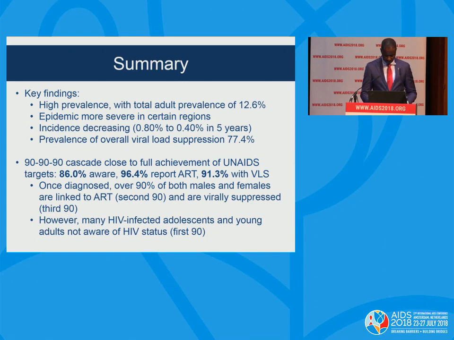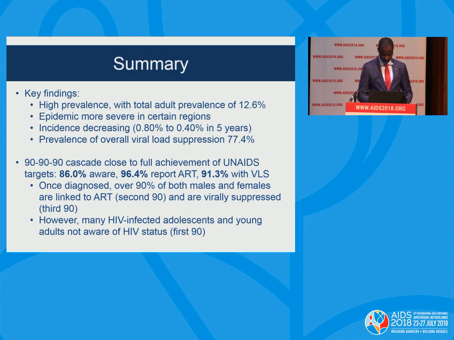And overall, viral load suppression was 77%. The 99 cascade in Namibia is close to full achievement of the UNAIDS target, with 86% of the people being aware, and of those, 96% are on ART, and of those, 91% with viral suppression.